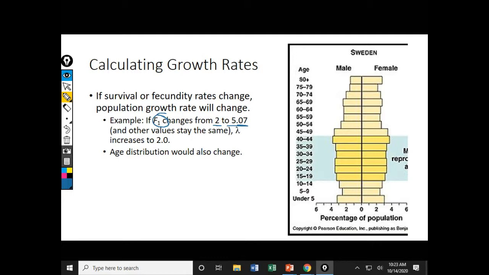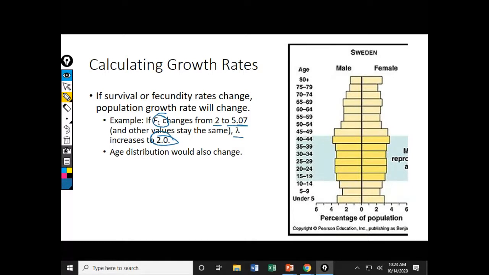Okay. My lambda, my growth rate, is going to change, increase to a 2. That's a big lambda, right? We were just looking at 1.3 as a growth rate for a population. So 2.0 is a huge growth rate.